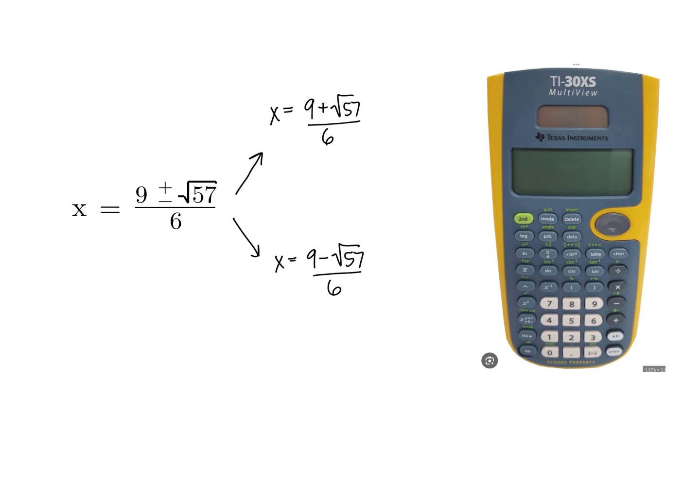We're going to put this into the calculator. So we are going to type in 9 plus the square root of. To get the square root function, notice that it shows up right there on your calculator, on top of the x squared button.